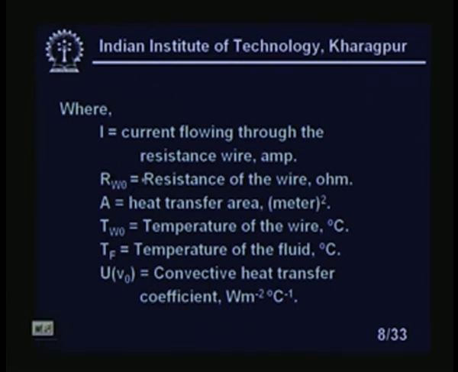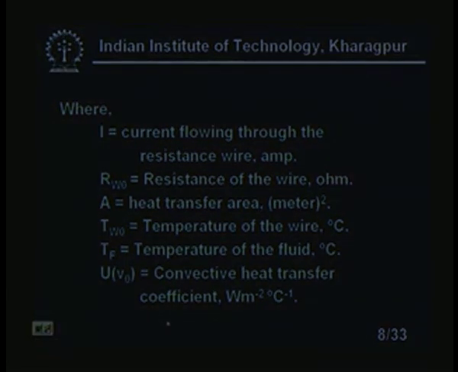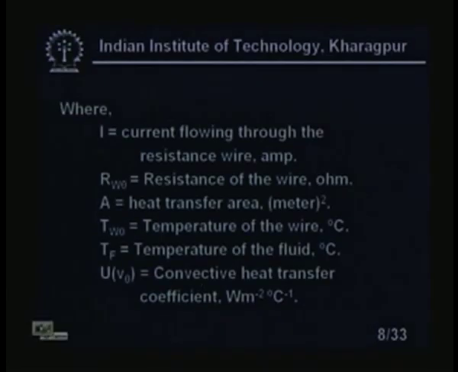This is for the case when there is no flow in the liquid. That will come later. In addition to that, some resistance will come whenever there is a change of flow, or the flow starts.